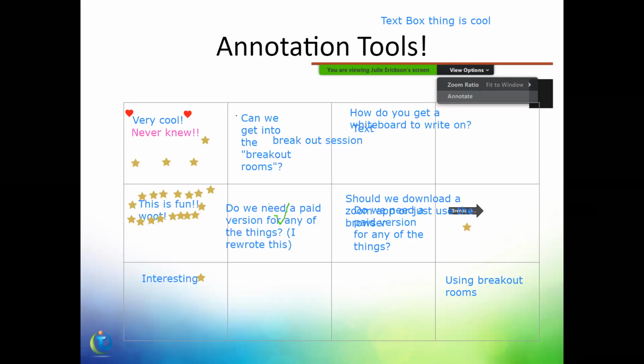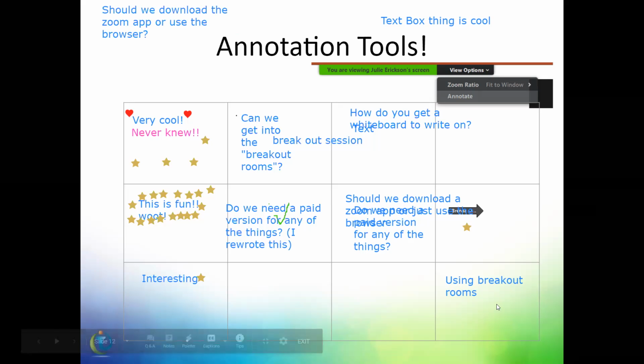Okay. So this is using the annotation tools. The other thing you can utilize is a whiteboard. I just opened up a whiteboard for us and shared it. It's a legit whiteboard. I can write on it, I can do text, we can annotate on it, just like we were doing with the slide.